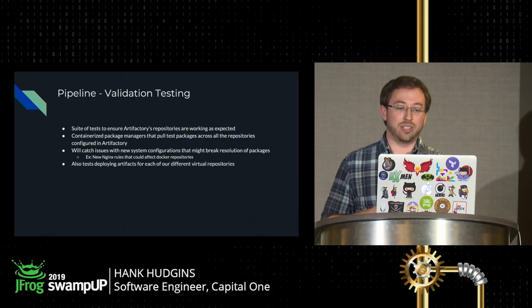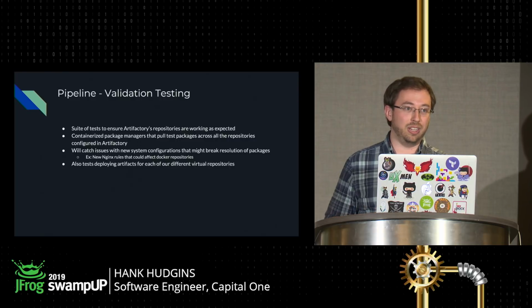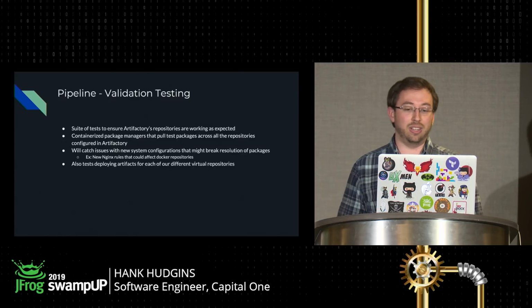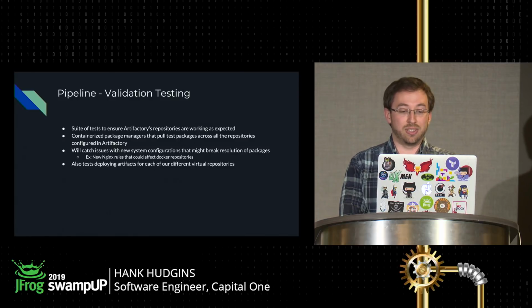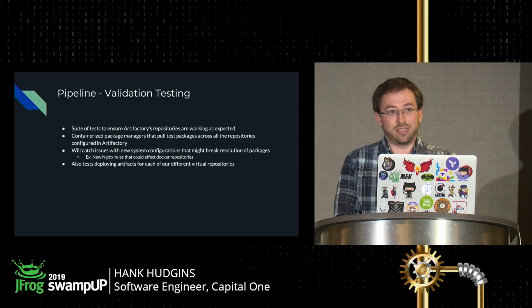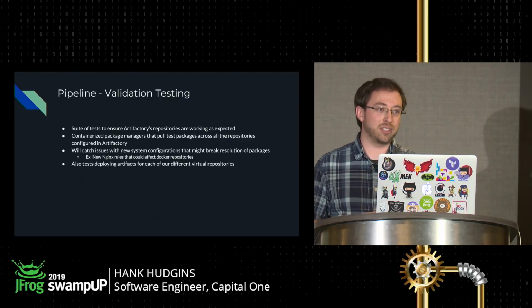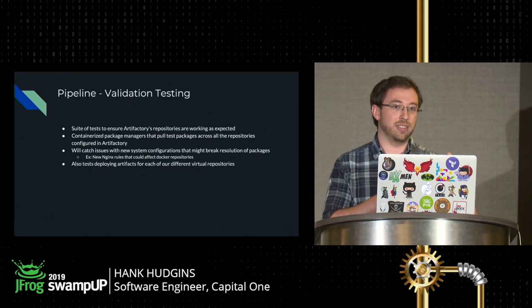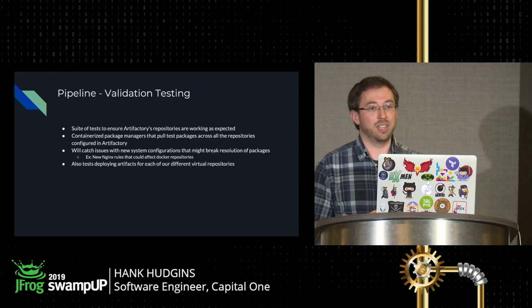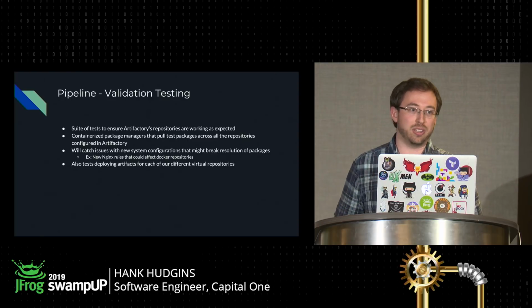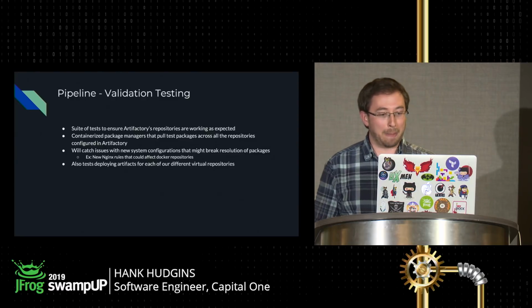And this is good because it'll catch issues if any new system configurations will break resolution of any of these repositories. So for instance, if we change some Nginx rules, that could affect our Docker repositories because our Nginx is set up to forward our Docker traffic to specific repositories. So it's really important that we test to make sure all these repositories are still working okay.